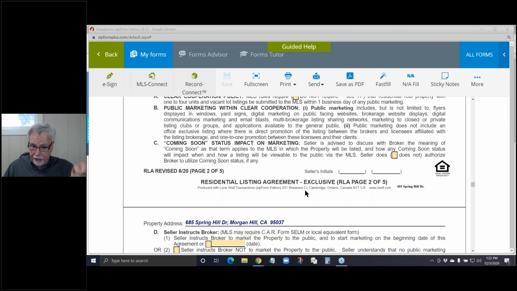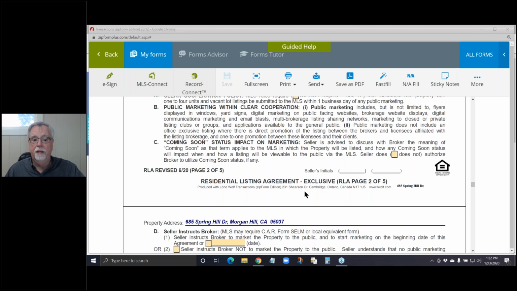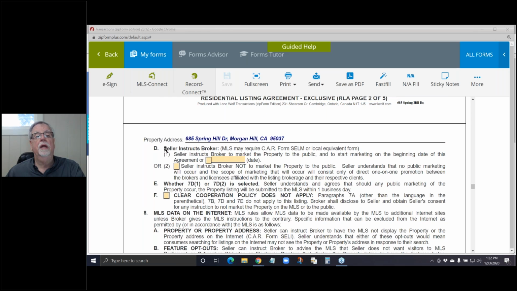Coming soon, it still has to go into the MLS as a coming soon, right? You have to go and put it in. If you don't do it within 1 business day, they're on you. Now, it will say here, seller instructs broker to, and this is the seller election, to sort of exclude from the MLS. And the first one would say, let's say the seller says, well, I don't want people showing it right away, right?